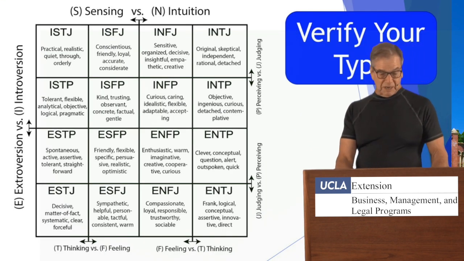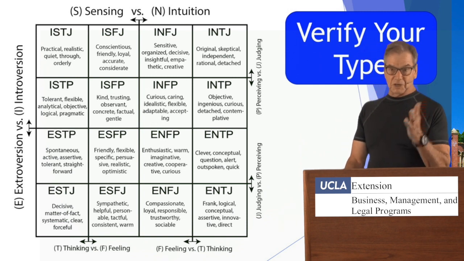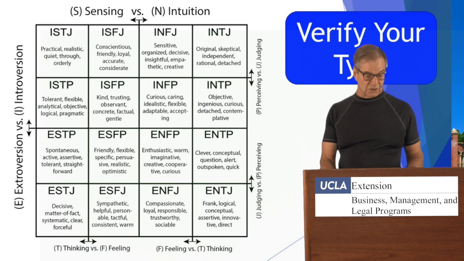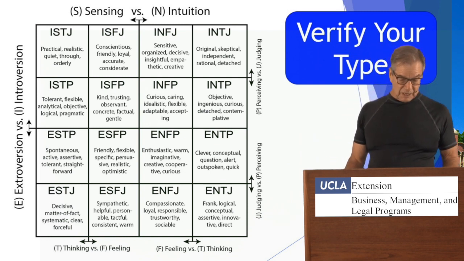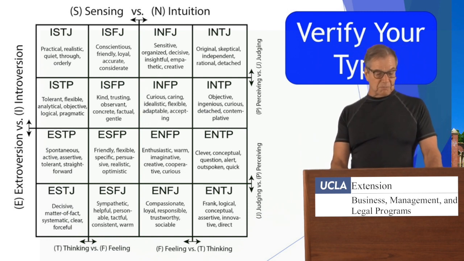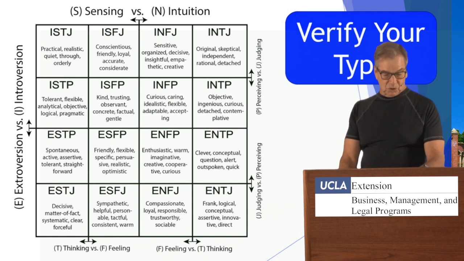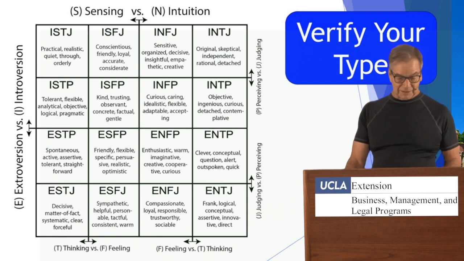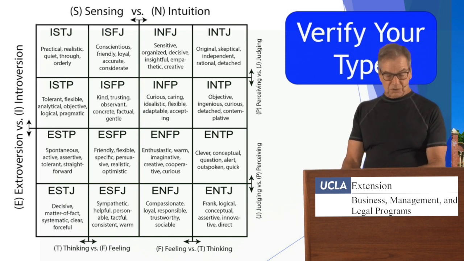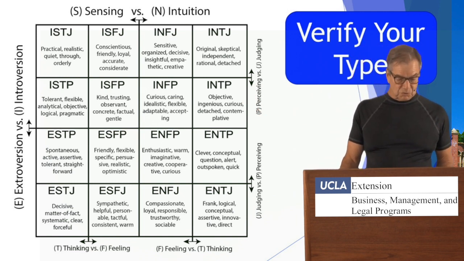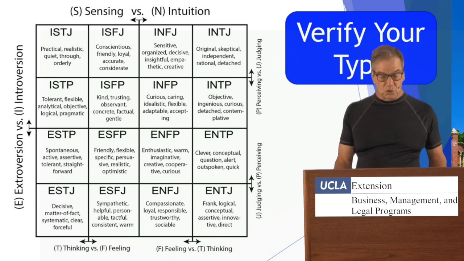So here's a way to validate your type. Now you should have four letters, and you can use this Myers-Briggs Type Indicator 16 type grid, and you can look up your type, and there's a little phrase there that you can read, and if that sounds like you, that helps to validate who you are. Otherwise, read around on this grid until you find what you think is most likely you.